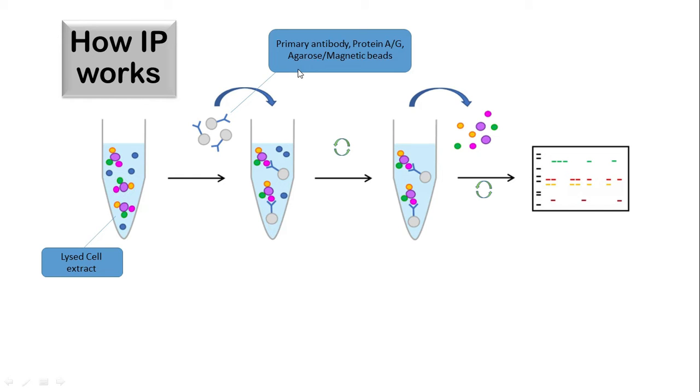In the second diagram, in the extract, we can see that the antibody has successfully bound to the protein of interest. Upon centrifugation, the beads will bring the protein to pellet out at the bottom of the tube, while the supernatant will be discarded.